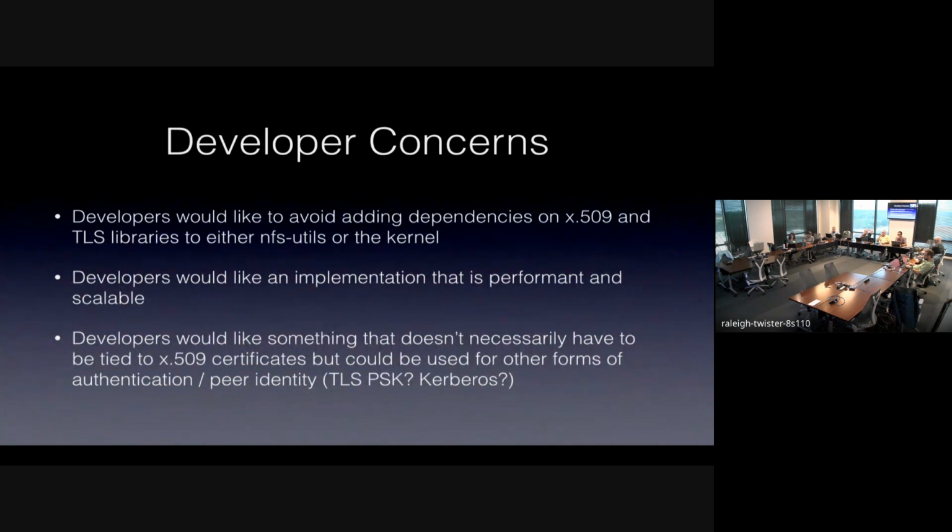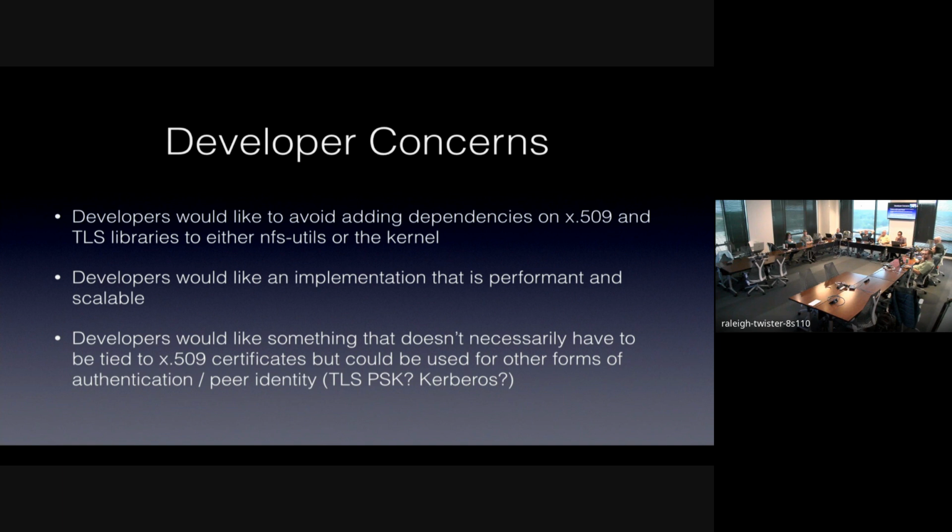Some things came up while I was working on this that the folks in this room might be concerned about. X509 is complicated. It's quite a pile of Legos to work with.